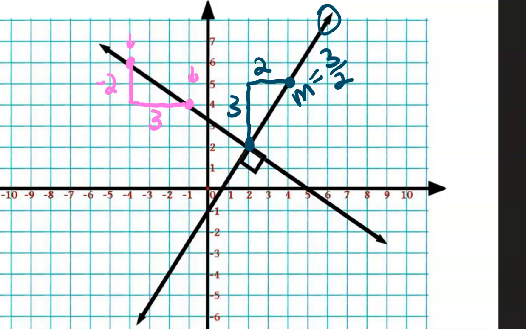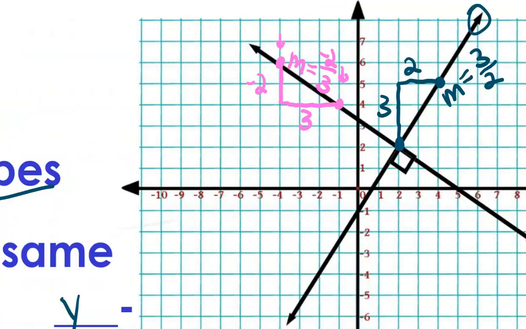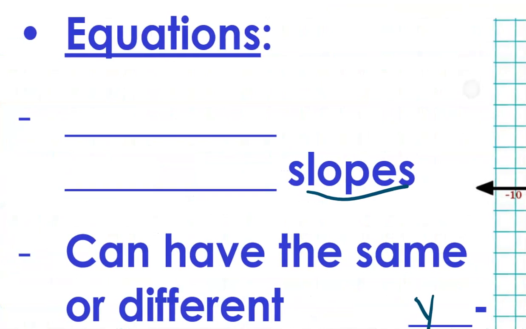So the slope of this line is negative 2 over 3. Let's go over here and compare the slopes. The first line had a slope of 3/2, and the second line had a slope of negative 2/3.